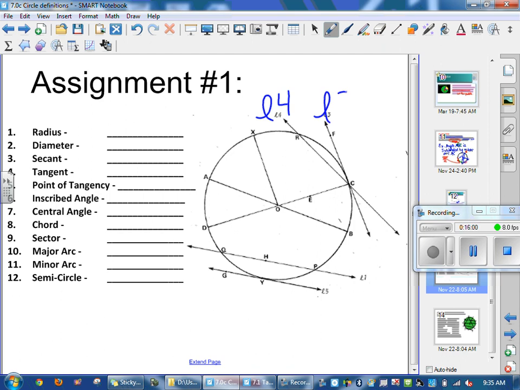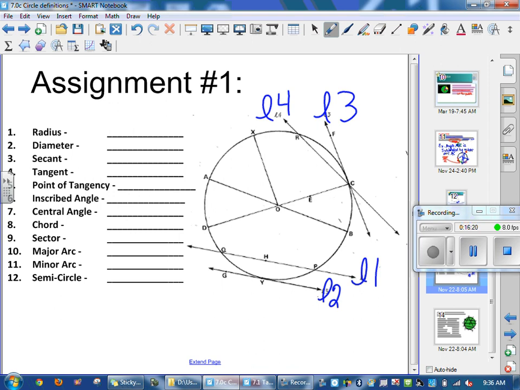And you know what? We're going to change L5 and call it L2 instead, since I don't know where L2 went. So, we need to be able to do every single one of these. Give it a try and see if you know what they are, and we'll come back to it together in a moment.